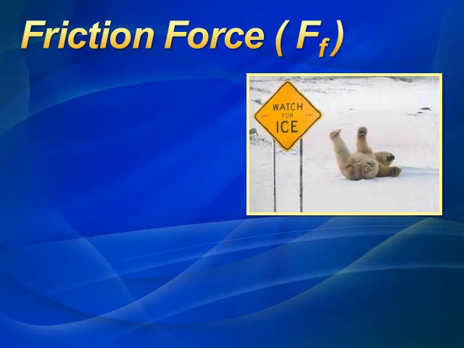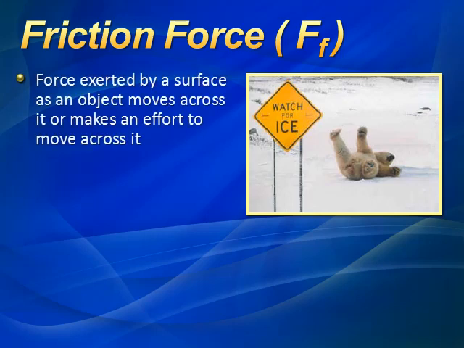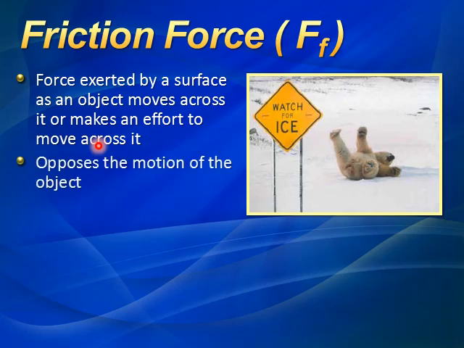Okay, next example is the friction force. So sometimes we just simply call this as friction. So this is the force exerted by a surface as an object moves across it or makes an effort to move across it. So this one opposes the motion of the object. So for example, itong nadulas na polar bear. Actually, there is friction between the polar bear and the ice.